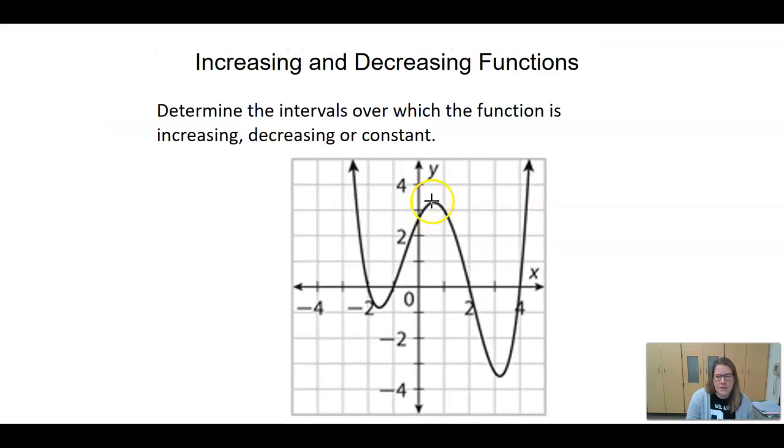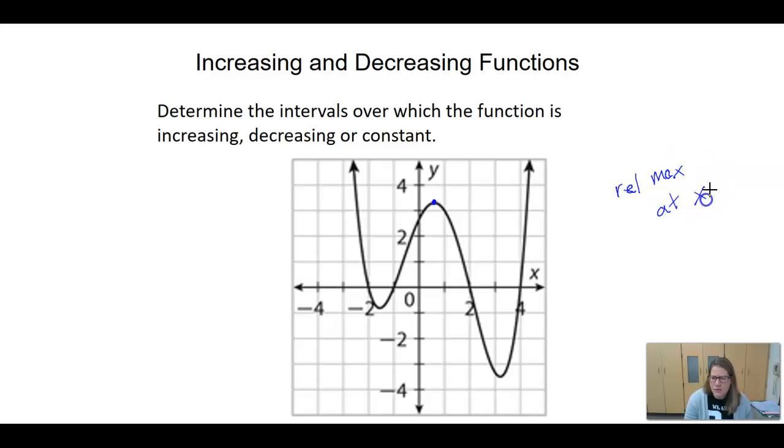Okay, so that's a point right there. That looks like it's at approximately 1/2. So there's a relative max because it's higher than all the points around it at x equals 0.5. And then it looks like there are two relative mins.